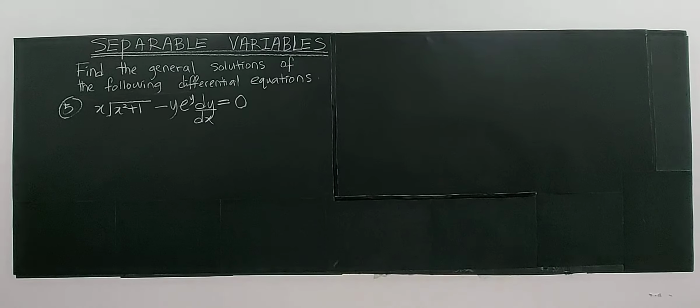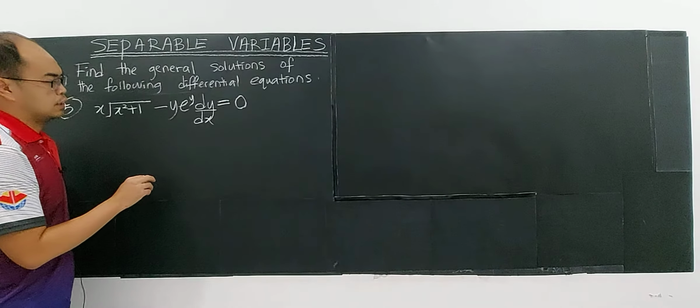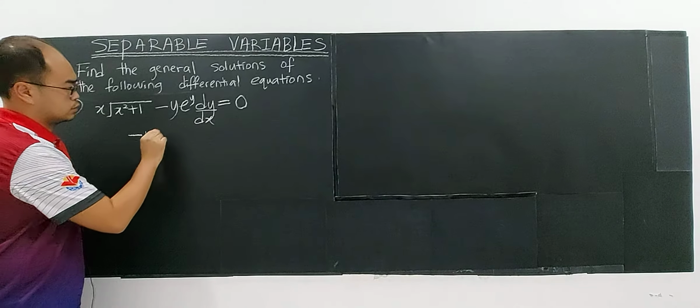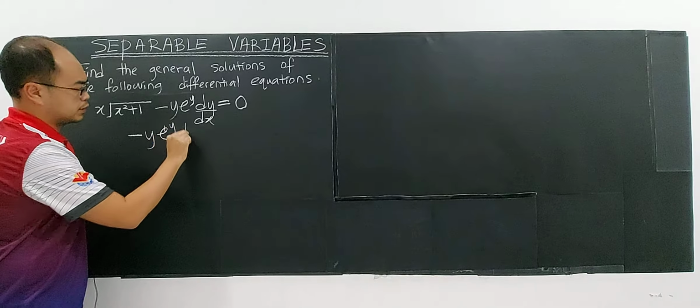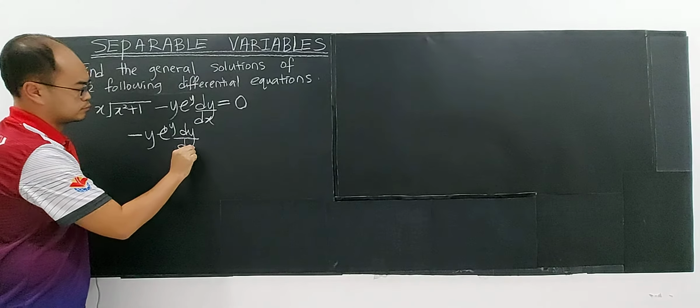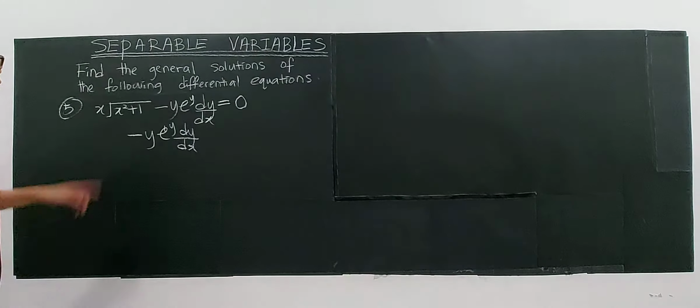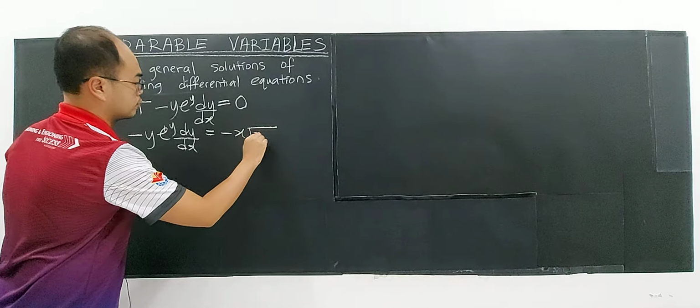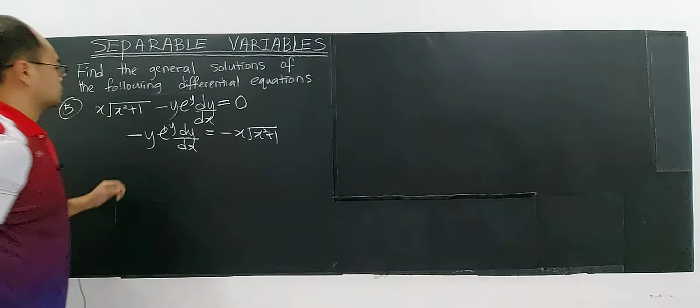Alright, let's see how to solve this equation. I will just maintain dy/dx on this side, and for this I bring it over, and it becomes negative x squared root of x squared plus 1.